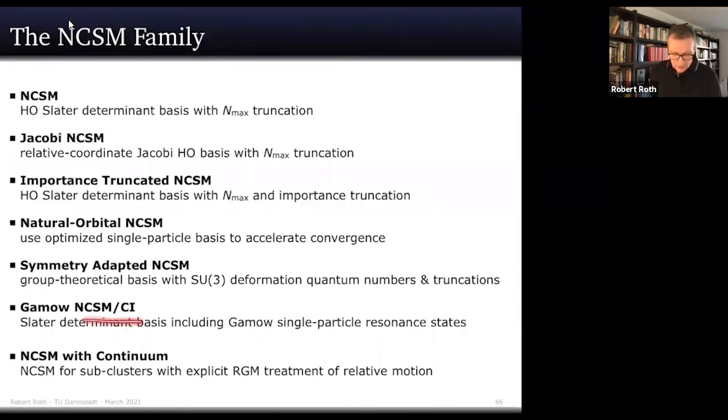You can try to include the continuum, that defines the so-called Gamow NCSM, or more refined versions of continuum inclusion using resonating group methods, so that bridges really towards reaction theory. And that has been very actively developed in the past couple of years in this NCSM context.